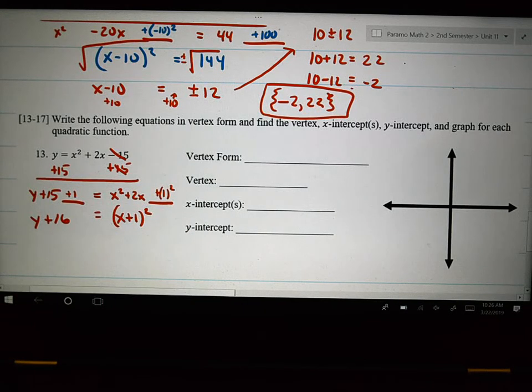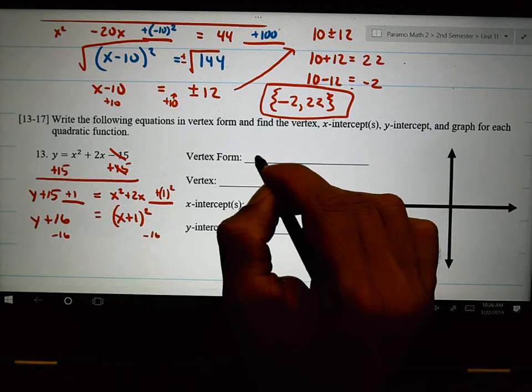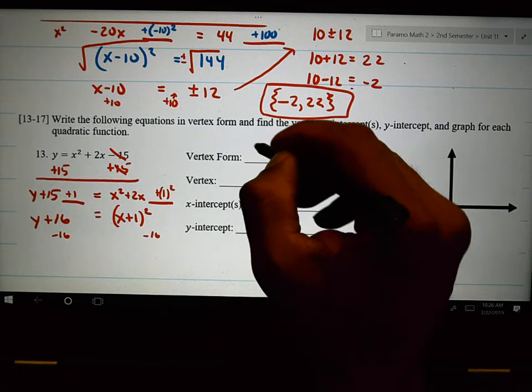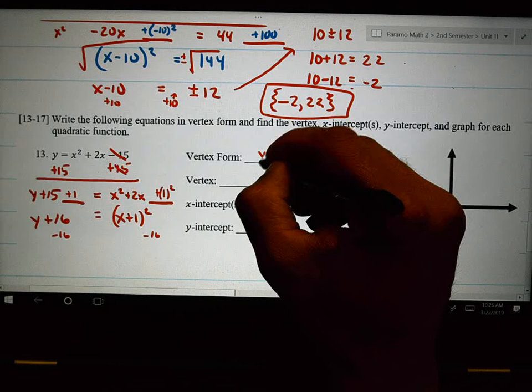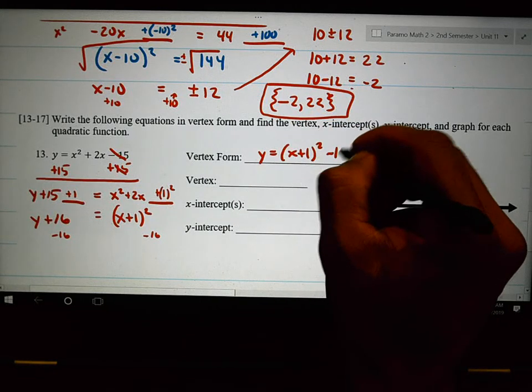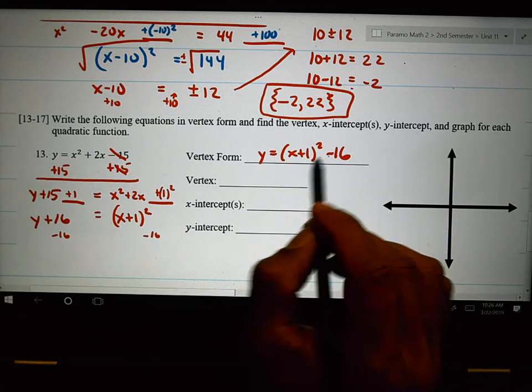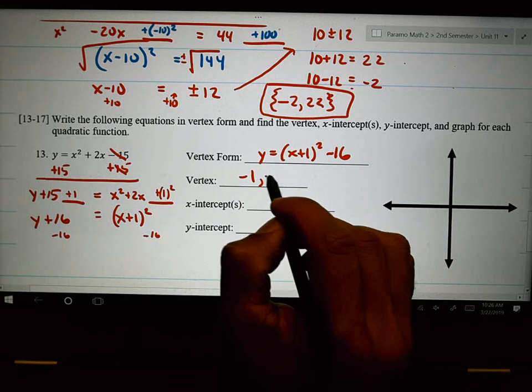The last thing you do is you subtract the 16 to the other side, and that's what your answer is in vertex form. It's y equals parenthesis x plus 1 squared minus 16. So where's my vertex? My vertex is at opposite, same, negative 1, negative 16.